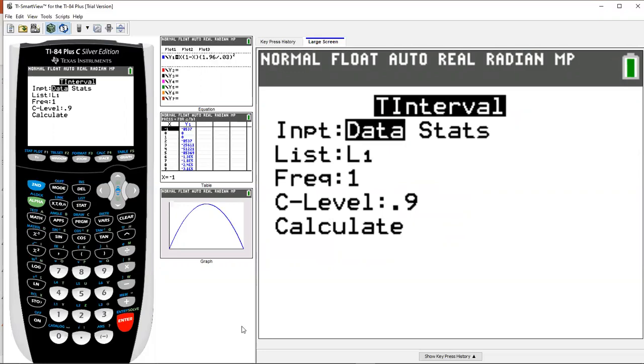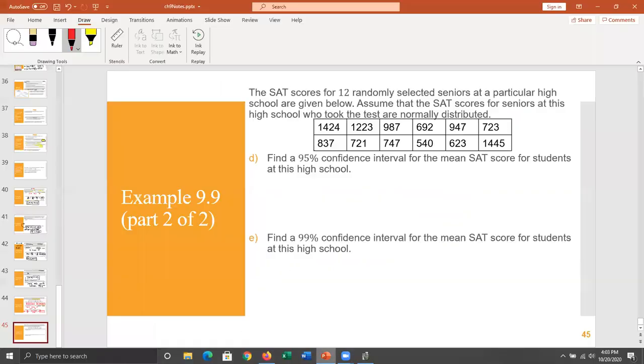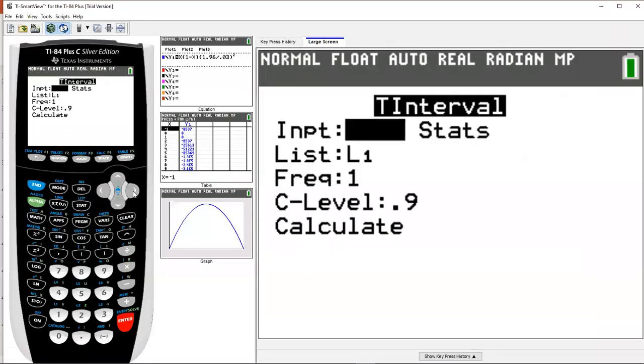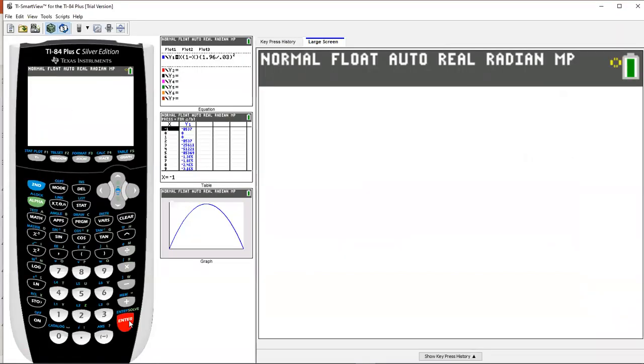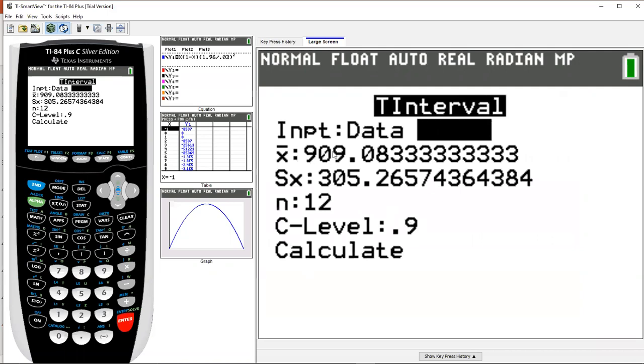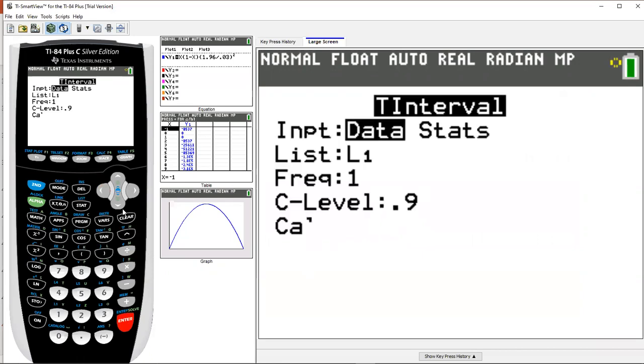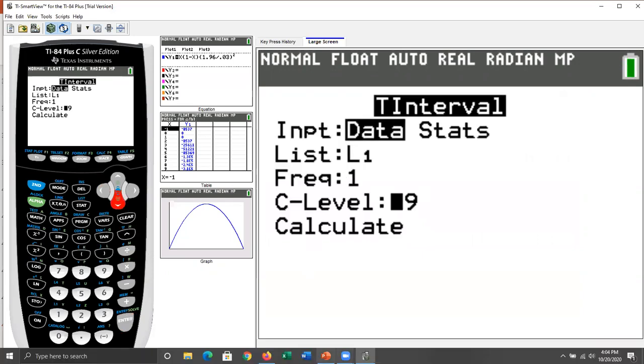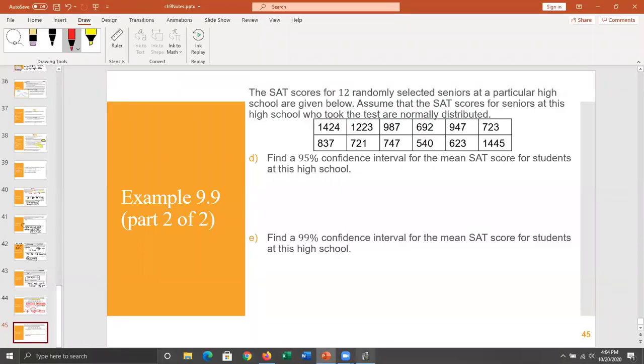Frequency is just 1. Confidence level is 0.95. And actually, what you might have noticed is if you go over to stats, since I calculated the 1-var stats, it's actually filling all these in automatically, which is kind of nice. If you didn't calculate them, you could also do it this way. What's the confidence level? It's 0.95.